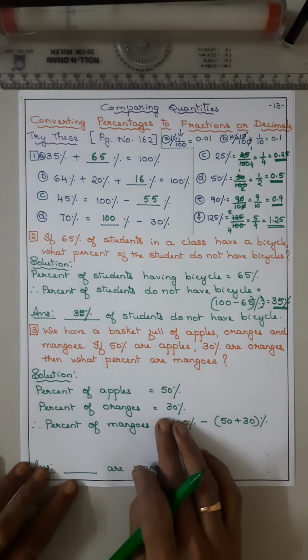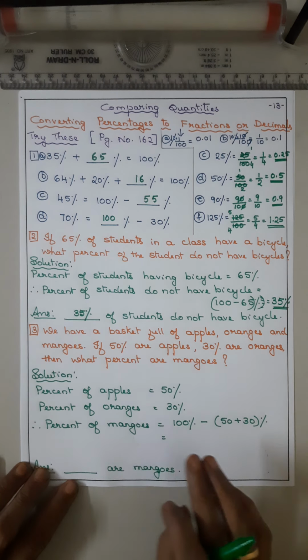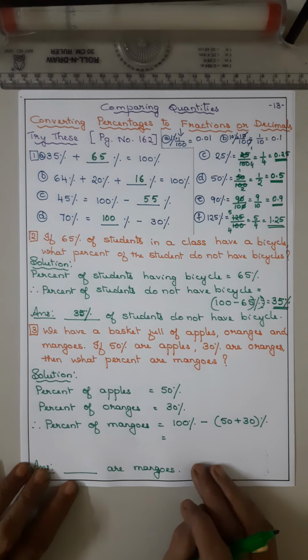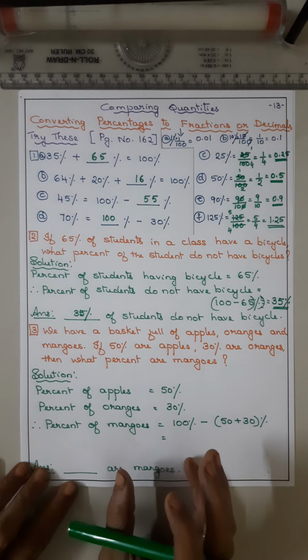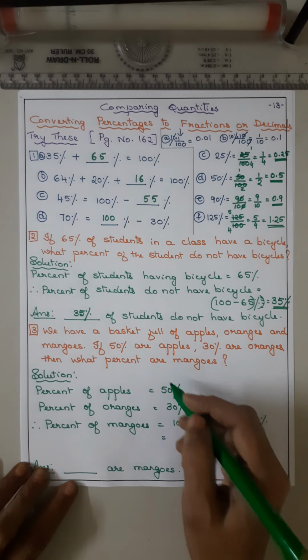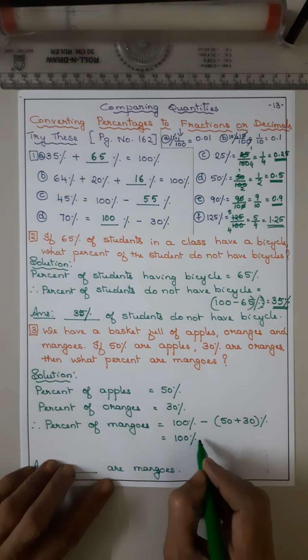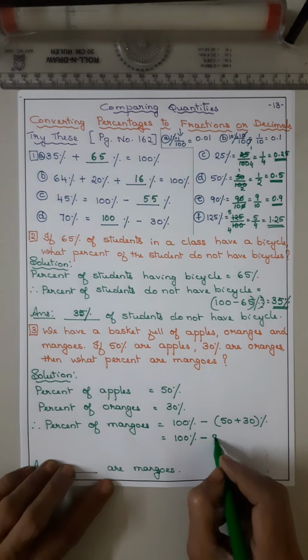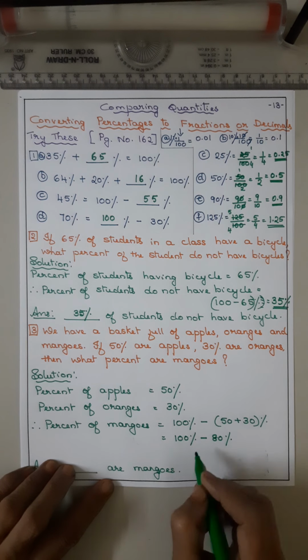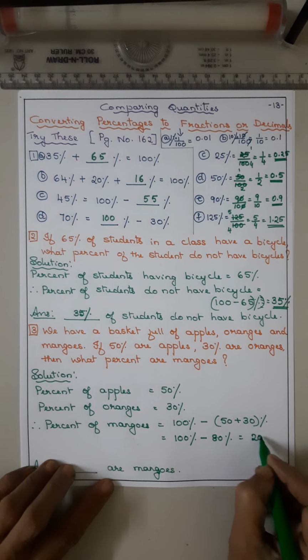Percent of oranges is 30%. So what is the percentage of mangoes? What do we have to do? Total is 100% minus 50 plus 30. 50 plus 30 is 80%. So the answer will be 20%.